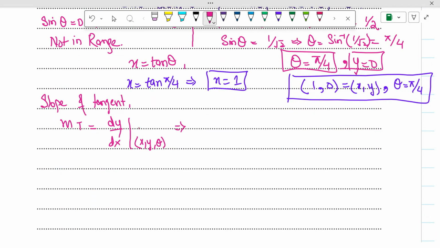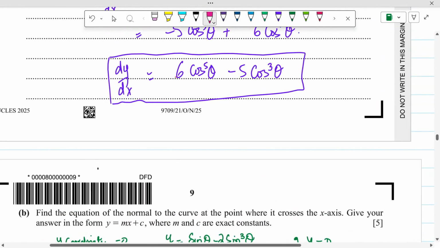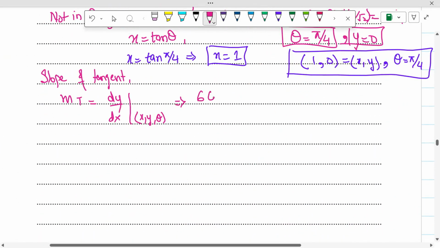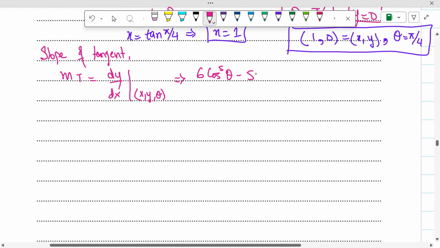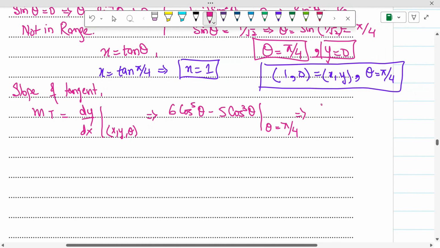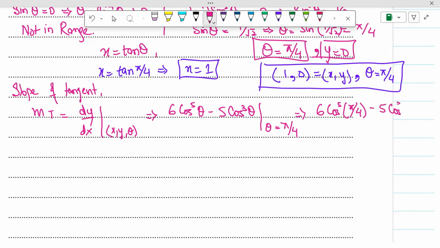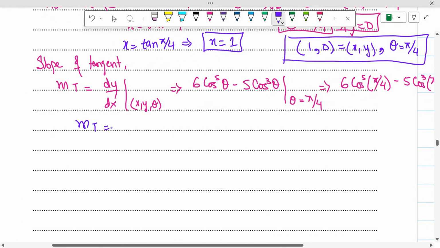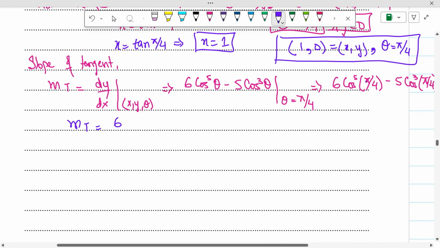Okay, and dy over dx we calculated in part A, which is 6 cos to the power of 5 theta minus 5 cos cube of theta. Now plugging theta is equal to pi by 4, we will have 6 cos to the power of 5 of pi by 4 minus 5 cos cube of pi by 4.